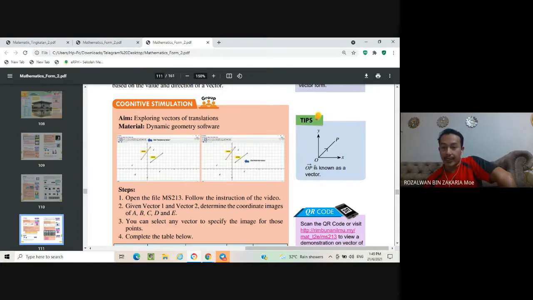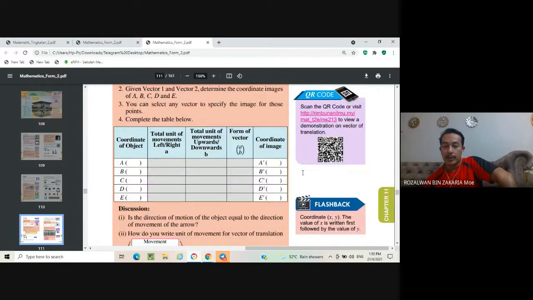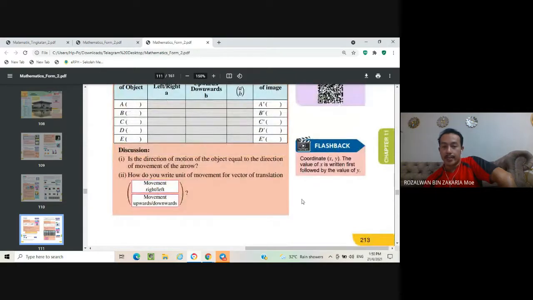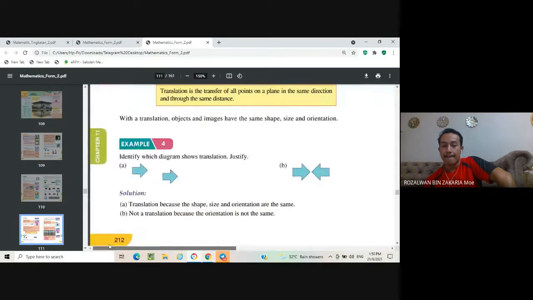So the vector OP is known as a vector. This one, vector, means the movement starts from O to the point P here. The movement of O to the point P here. Right? All right, we look at some examples.